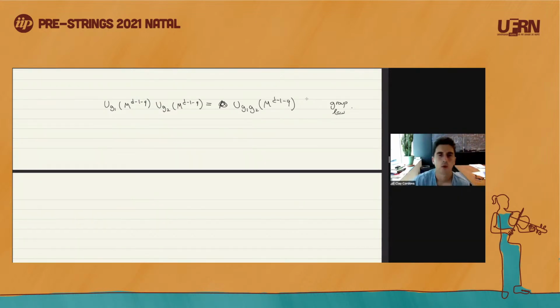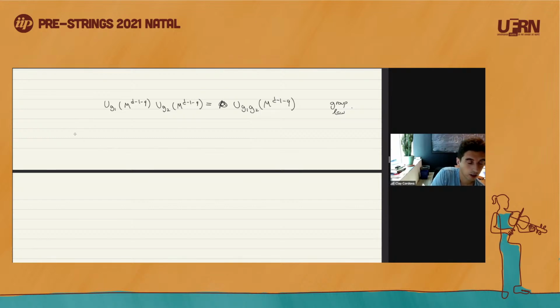Now, when q equals 0, that's the ordinary symmetry situation. In that situation, it's totally possible for things to be non-abelian. Let's imagine D is 3, so we can easily visualize three dimensions.